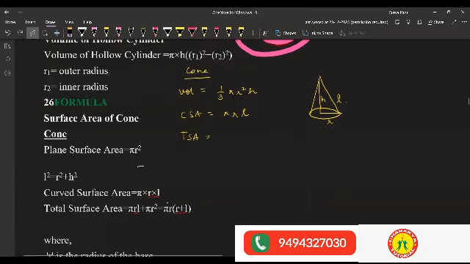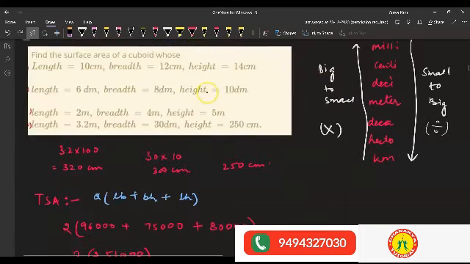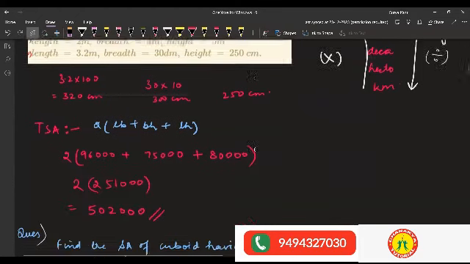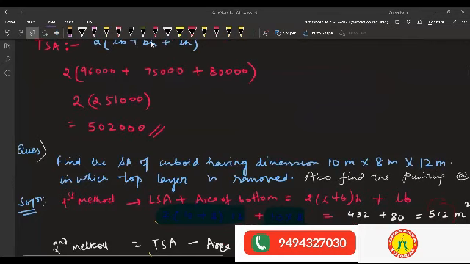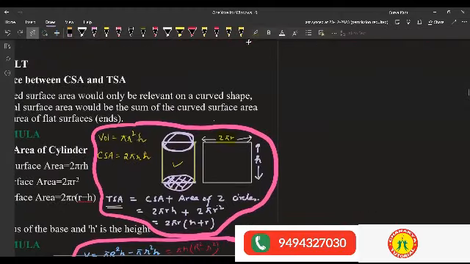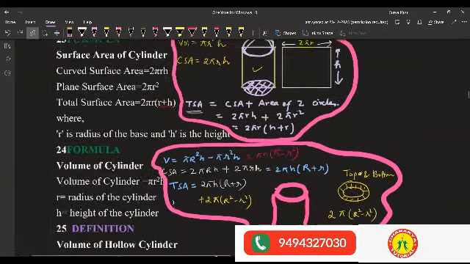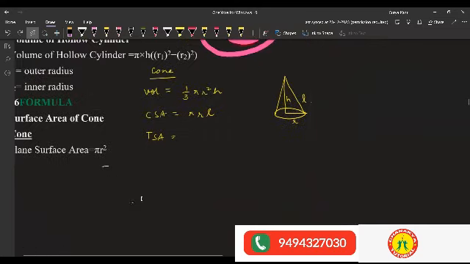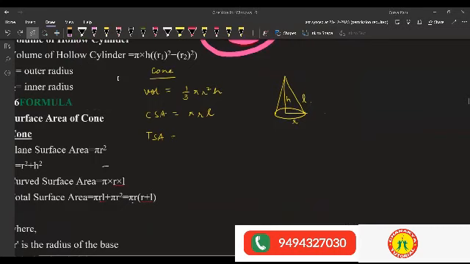So we should just add the circle over here, the area of circle. So TSA will be pi r l plus pi r square.